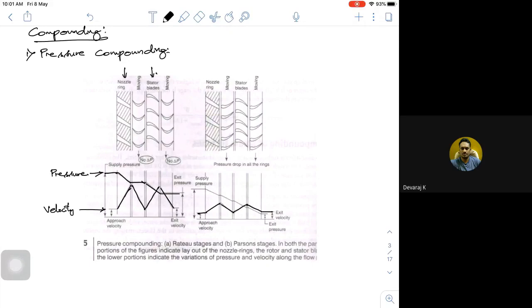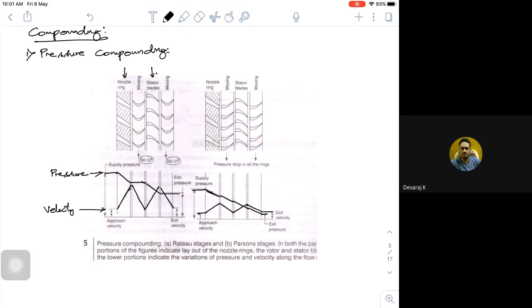Fine. But the pressure enters at some pressure, then it drops in almost the rotor. There can be a slight drop in the pressure in case of a Parsons turbine. But actually, pressure compounding means the velocity, kinetic energy, is absorbed in your rotor.